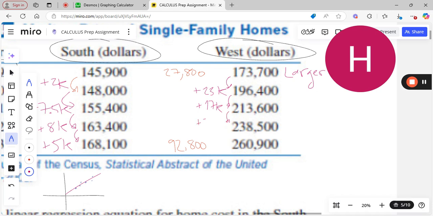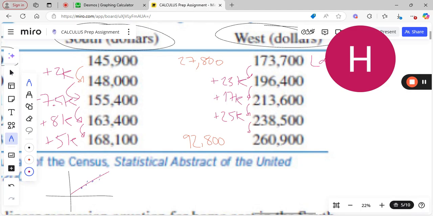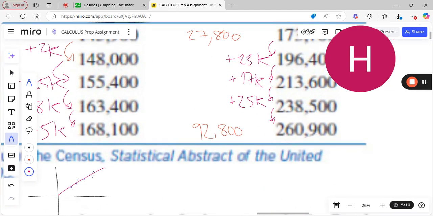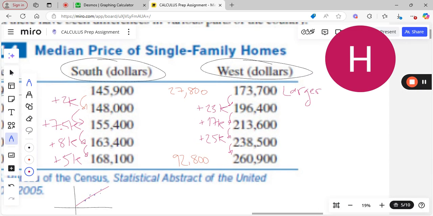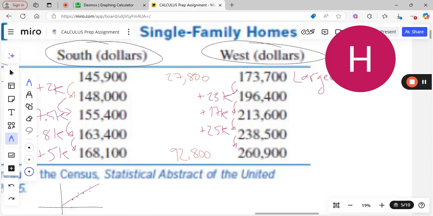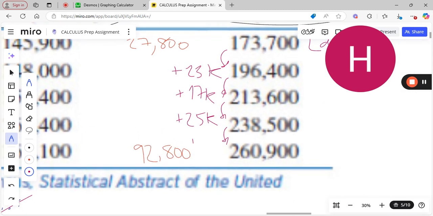And then we're going up by 25,000 basically. So it's going up quite a lot in 2002 for both categories. Maybe there was something that happened in 2002 that caused all the home values to go up. Like across the country, whether you're in the South or the West, it's possible they had some similar factors that went into the increases or decreases. And then lastly, we go up by about 22,000.